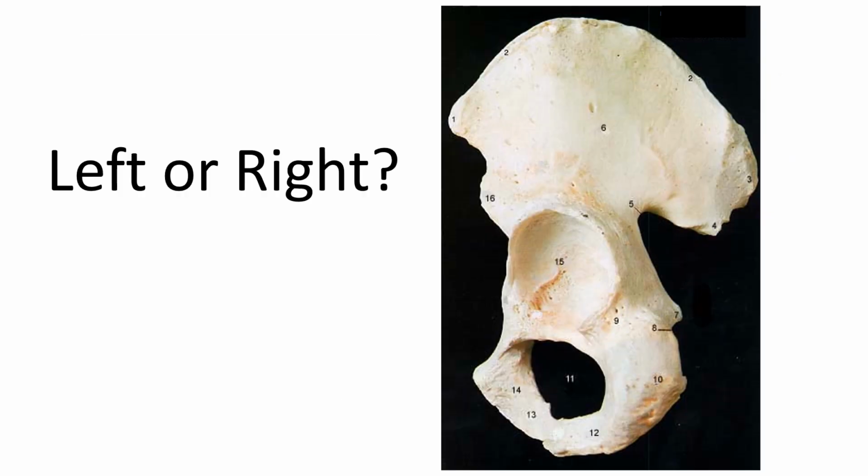Okay. Now, another type of question might be whether it's a right or left bone. So, what do you think this is? Is this a right bone or a left bone? Okay. Well, let's see. We see the acetabulum, so this is the lateral view. We know that this is the pointy pubis or pubic bone, so this is going to be anterior.